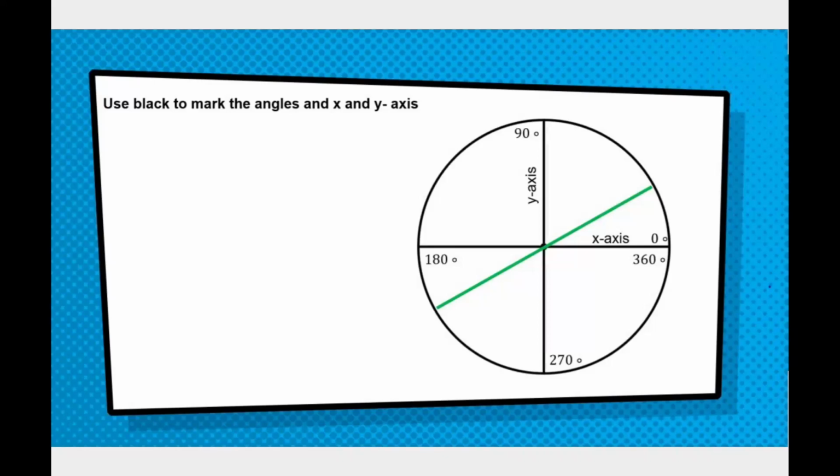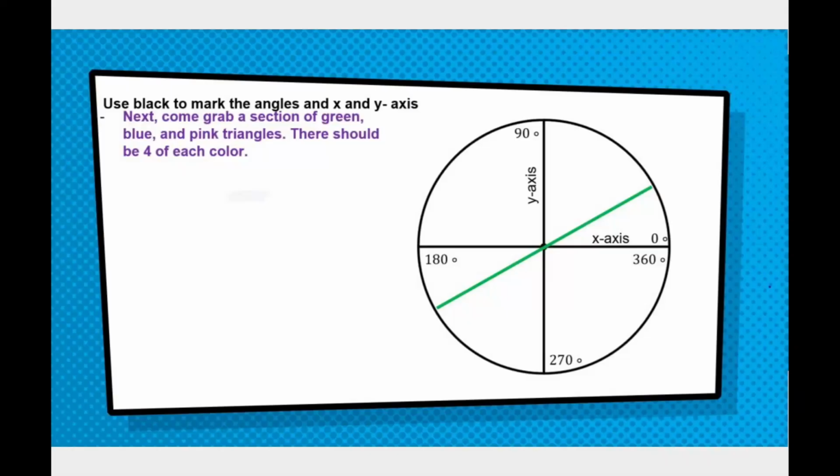It would be useful if we color coded some of this stuff that goes together so we can see patterns. So I'm going to make all the outside stuff on the axes black. I'm going to label the X and Y axis black. And then I have all my degrees all around that circle. And then I have a cutout, 4 green, 4 blue, and 4 pink triangles. There should be 4 of each color.